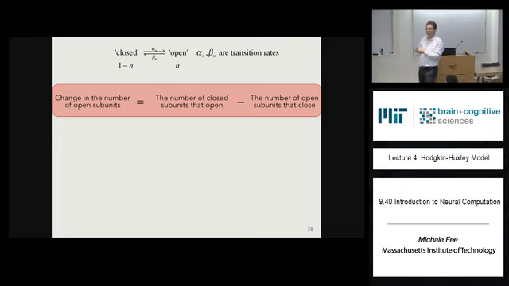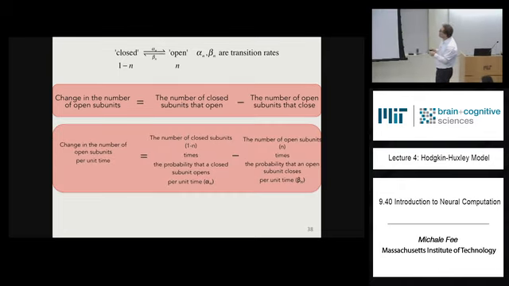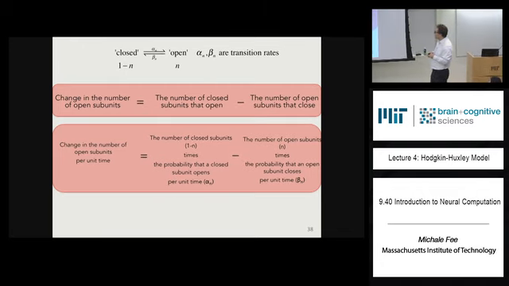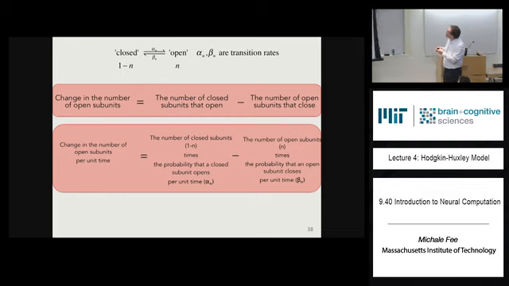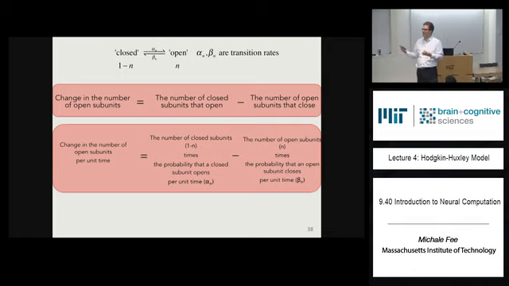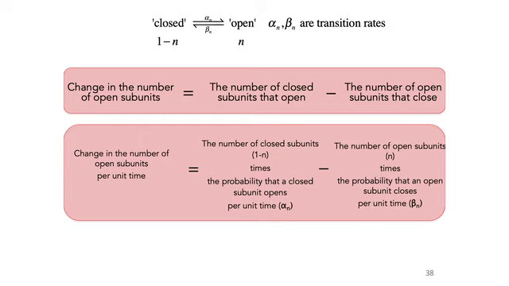Does that make sense? All right, that's simple enough. The change in the number of open subunits per unit time is going to be the number of closed subunits times the probability that a closed subunit opens per unit time, that's alpha, minus the number of open subunits times the probability that any one of them closes per unit time.